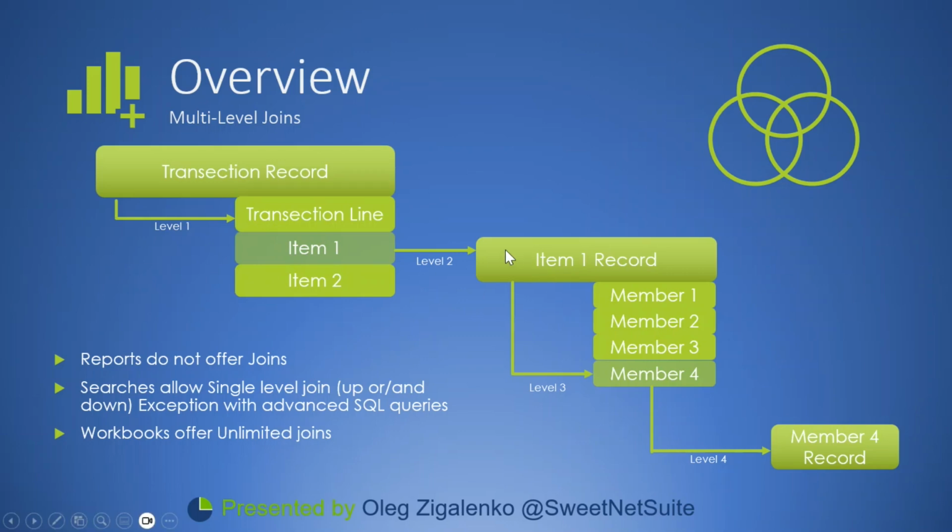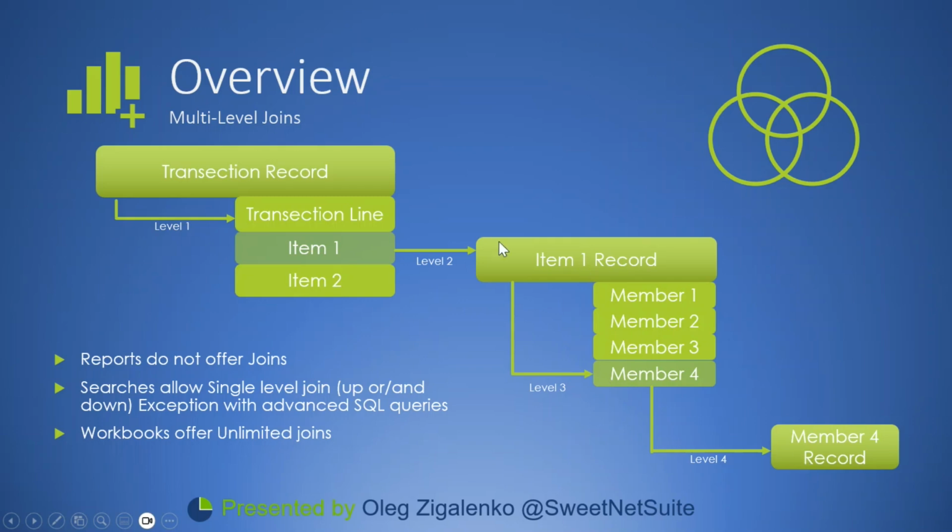Then you go to that record and you see those fields on that item. Now, if the item has different members, which is like a sub item of that item, that's another one. So on this record, you click on members, and then you click on each of those, right click, and you see that member record.